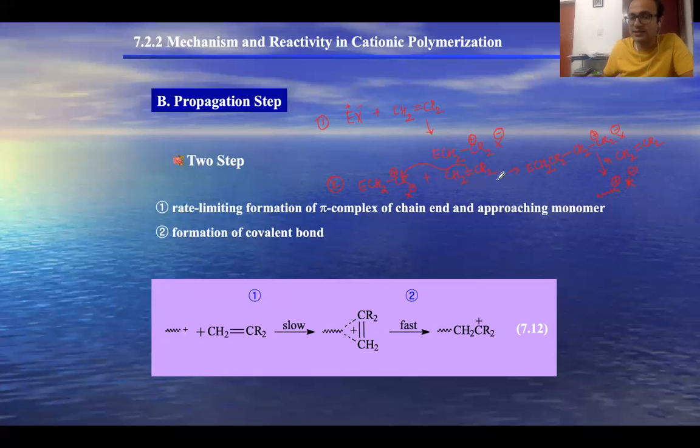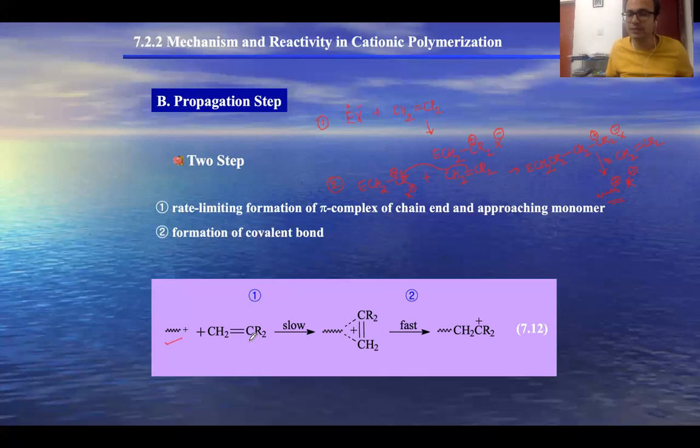It's not simply a covalent bond formation as we saw in the case of free radical, where the growing chain radical just directly forms a covalent bond with the monomer. But here, as you can see, this is the propagating chain.